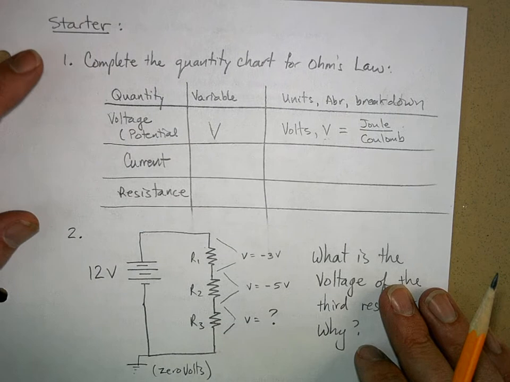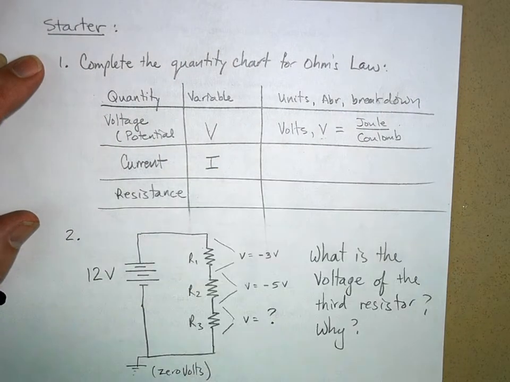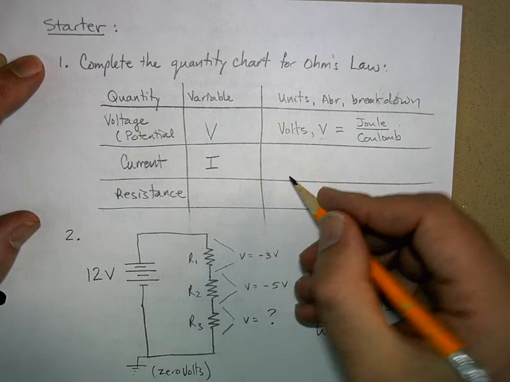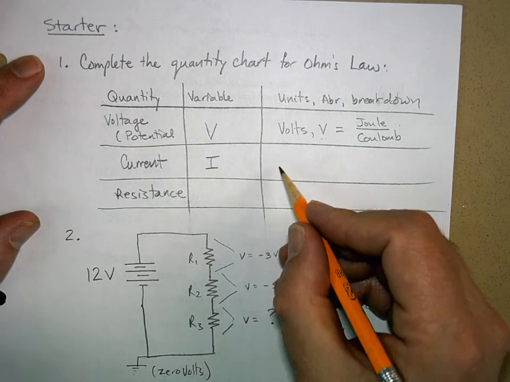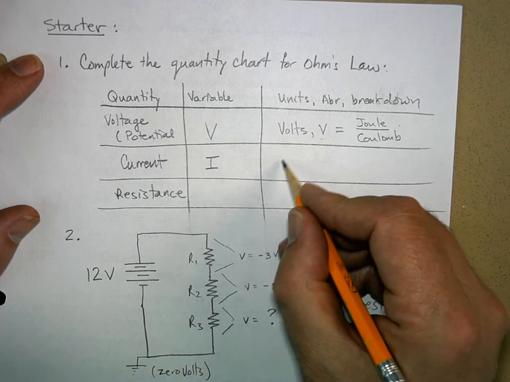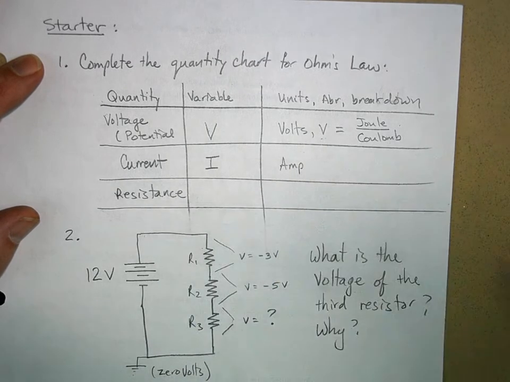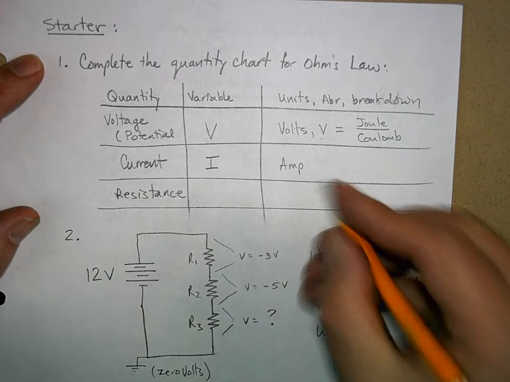Okay, current. Current, we use the letter I. I don't know why we use I. They use capital C for something else. They're measured in amps, or amperes if you really want to get technical, but everybody just calls them amps.